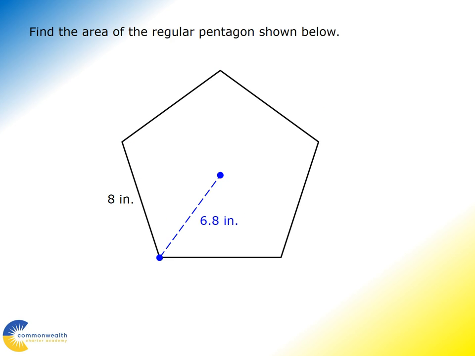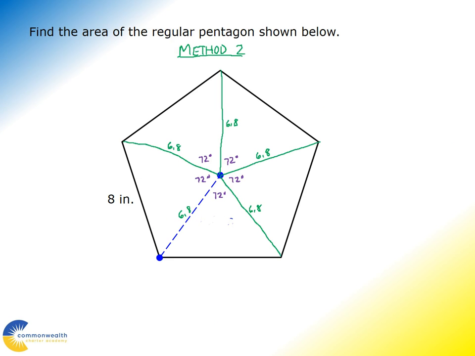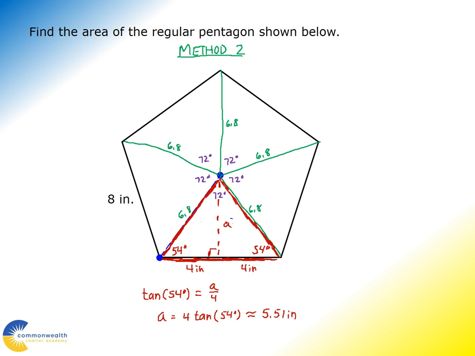Of course, the other method I could use, and I kind of alluded to it before, kind of starting the same way, is I could also find the apothem by using a tangent of 54 degrees, because that's what these 2 angles down here would be, because they have to total 180.